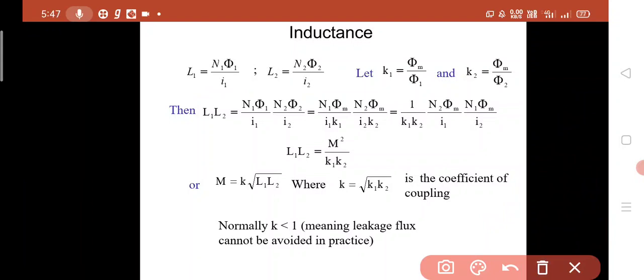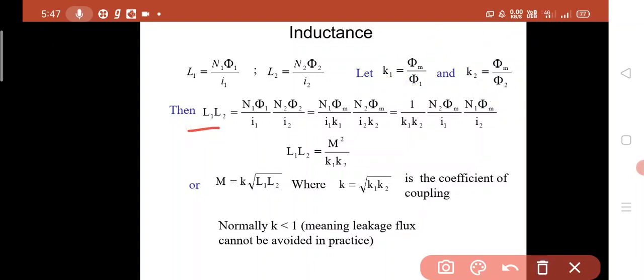We know the mutual inductance formula: M is equal to N2 K1 phi 1 by I1, or N1 K2 phi 2 by I2.